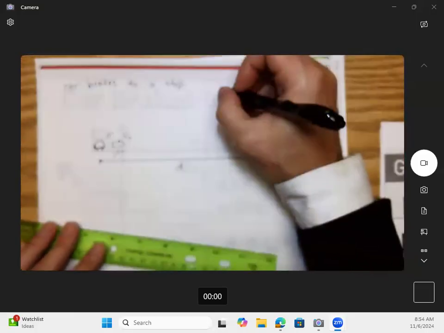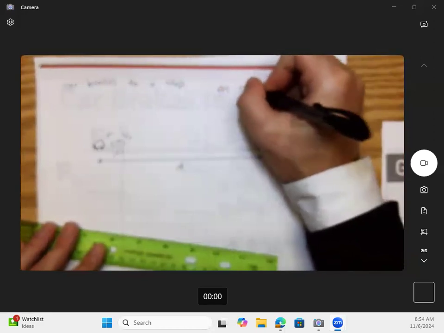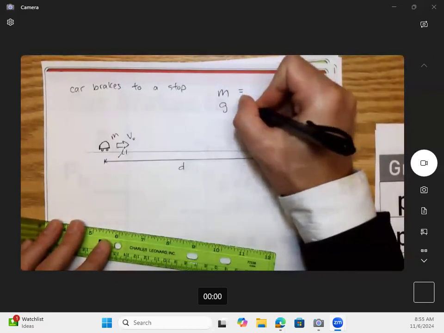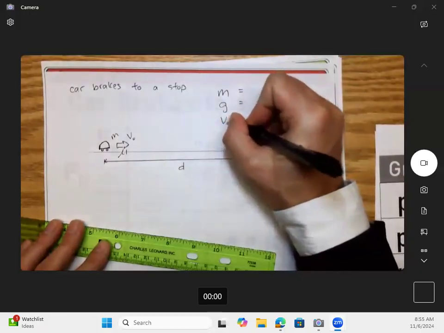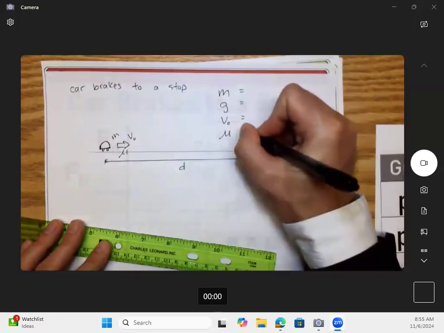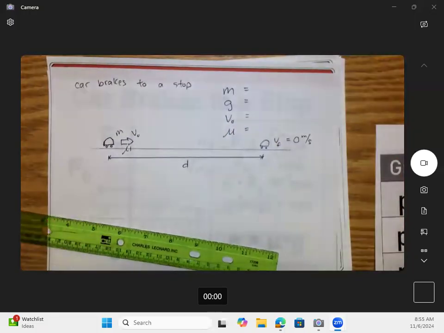I need some numbers: a mass of the car, a gravity field of the planet, an initial speed of the car, and a coefficient of friction between the tires and the road. It could be static friction if this car has an anti-lock braking system. Make sure you catch up to that.